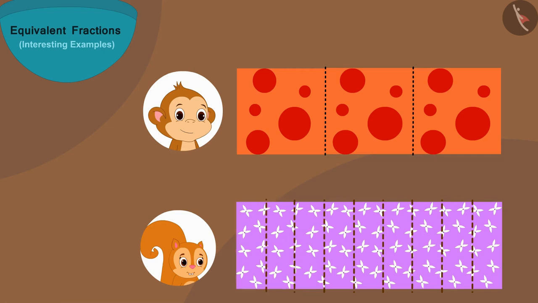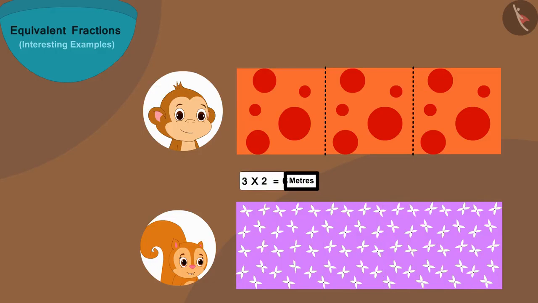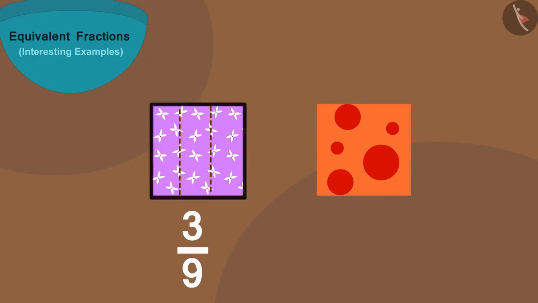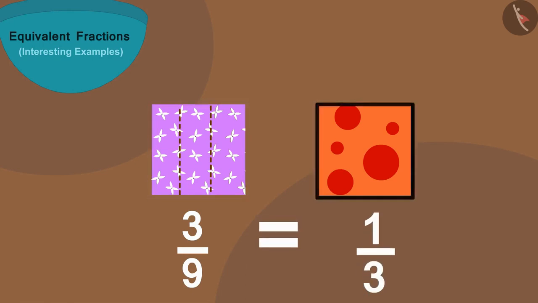In this way, Chanda has given Babban 3 times 2, or 6 meters long cloth. Therefore, 3/9 of Chanda's cloth is equal to 1/3 of Babban's cloth.